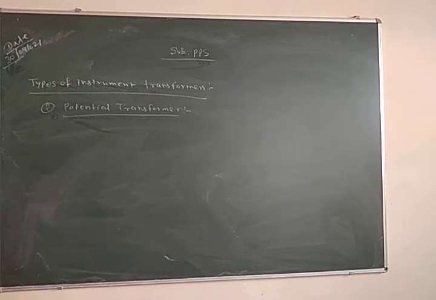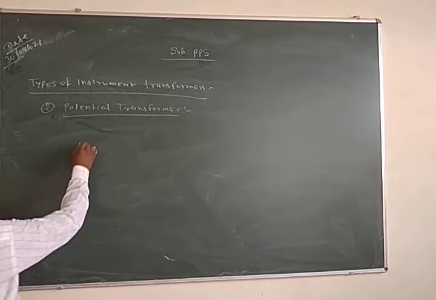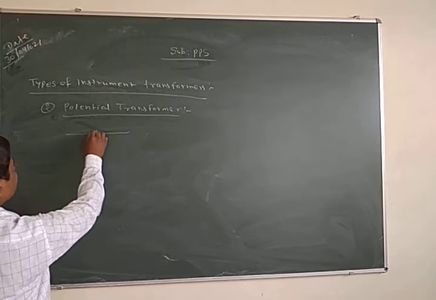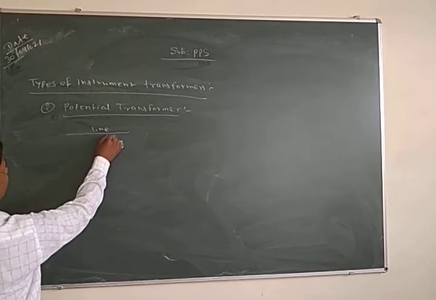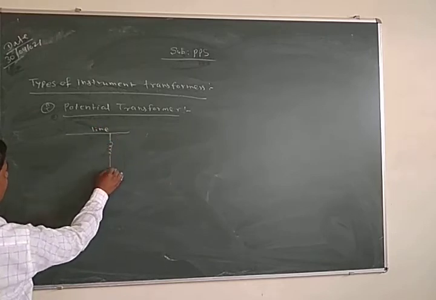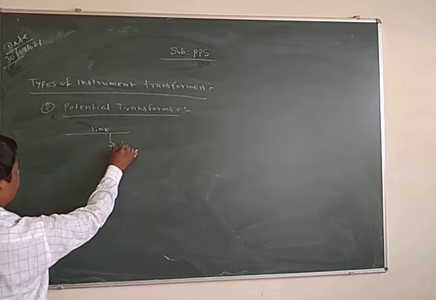So, a voltage transformer is connected in parallel with the line. If this is the line, then we connect potential transformer in such a manner.